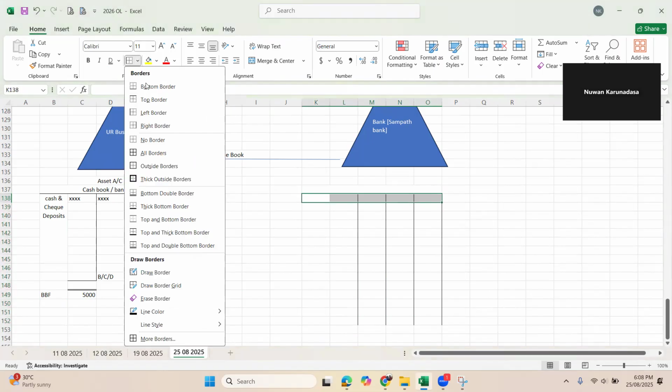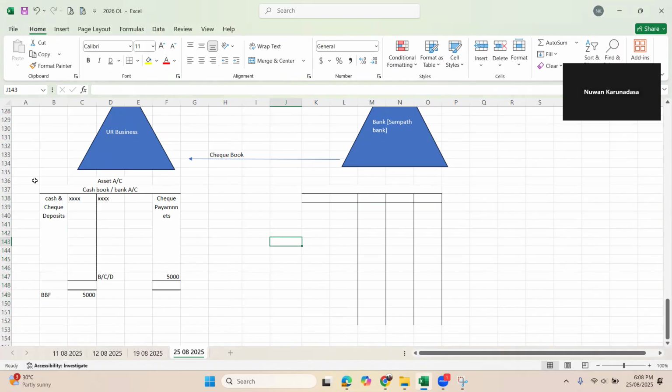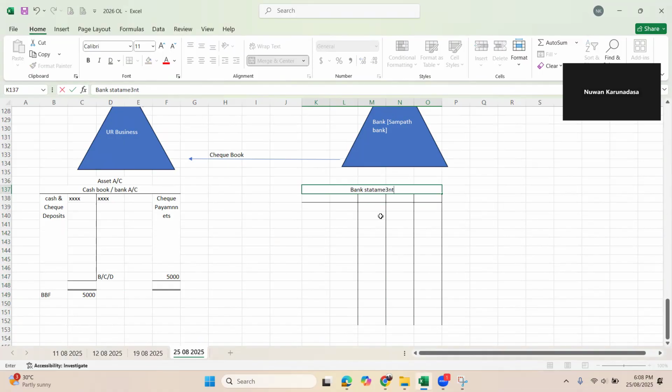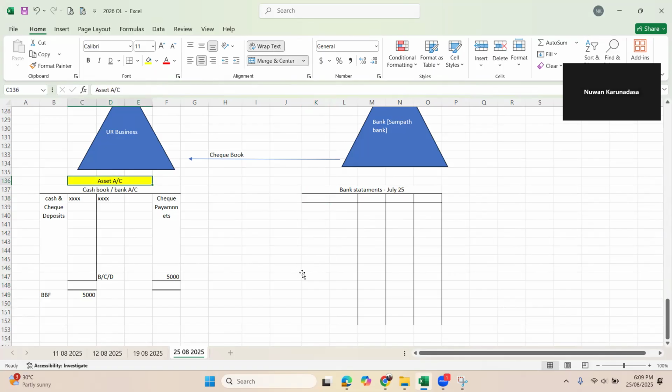So now you can see there is a difference. Why? This is prepared by us, and that is prepared by the bank, the bank statement. Let's assume this is for the month of July. Our deposit is an asset for us.